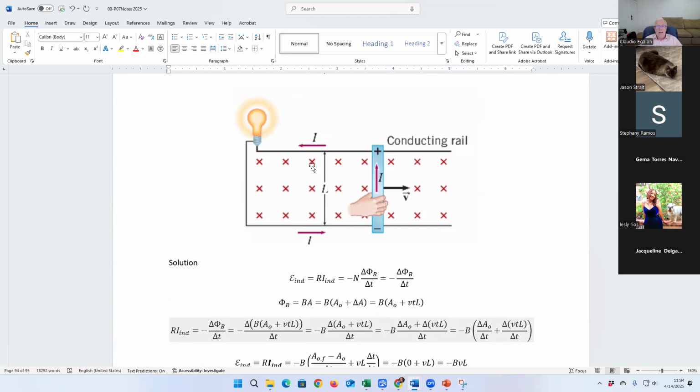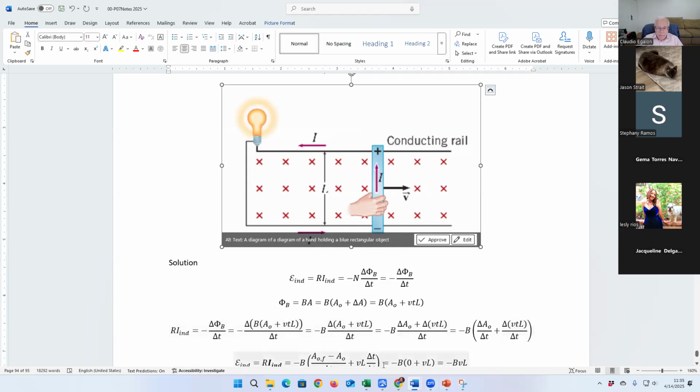Okay? If the magnetic flux increases, then the current should flow in a direction to counter the direction of the magnetic field. That's how you find out the direction of the current. Okay, that's an example that's treated in the book.